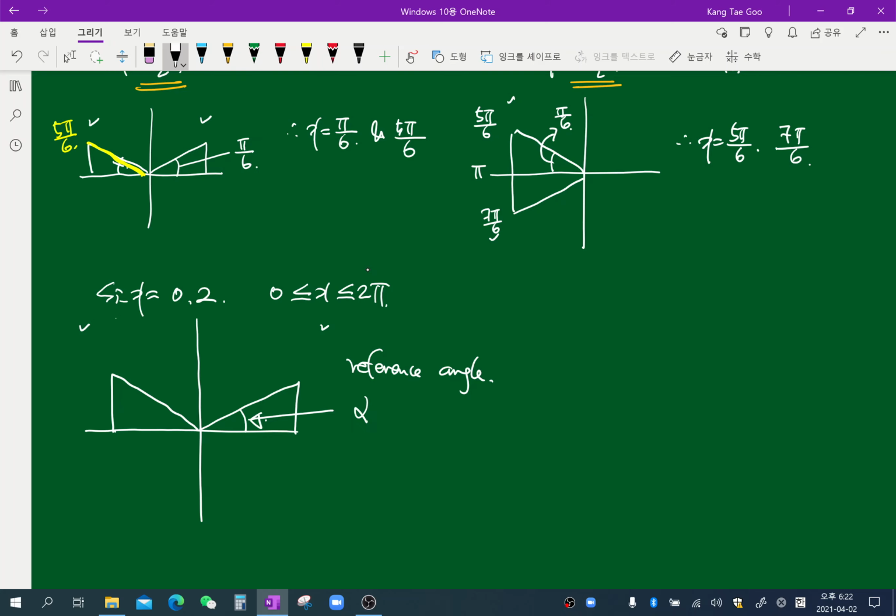Usually we use the letter alpha, and the reference angle is an acute angle, which means alpha is always between 0 and pi over 2. Then how can we calculate this alpha? That is sine inverse 0.2, right? Then this much angle is also the same. This much angle is sine inverse 0.2, right?